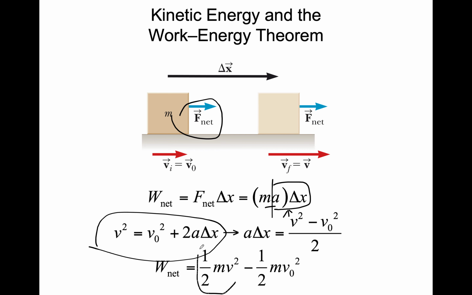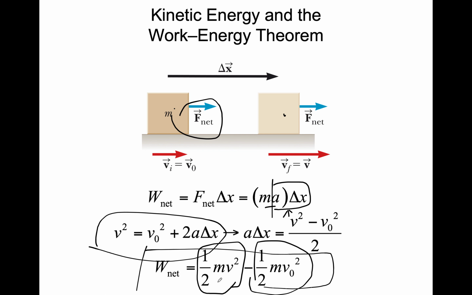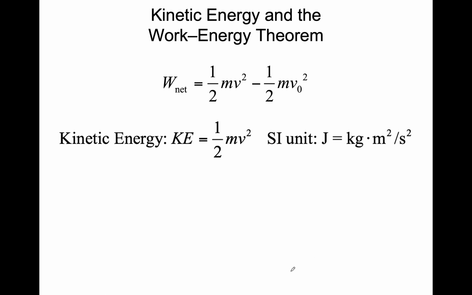But this is exactly the kinetic energy of the object here, and this is the kinetic energy of the object here. So we arrive at the Work-Energy Theorem. The work done by the net force equals the change of kinetic energy of the system. This is our Work-Energy Theorem.